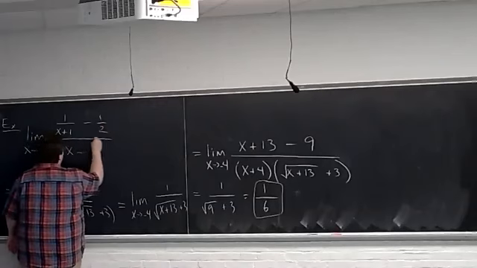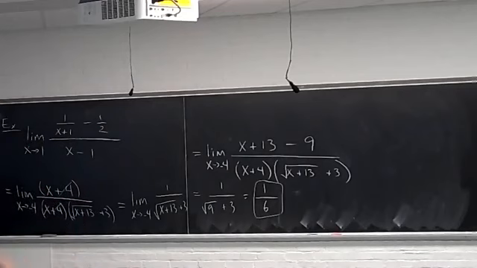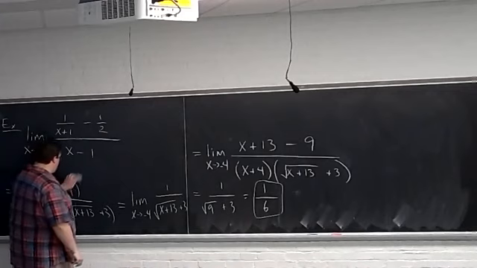Let's take this large fraction: 1 over x plus 1 minus a half over x minus 1. And we want the limit of that as x approaches 1.